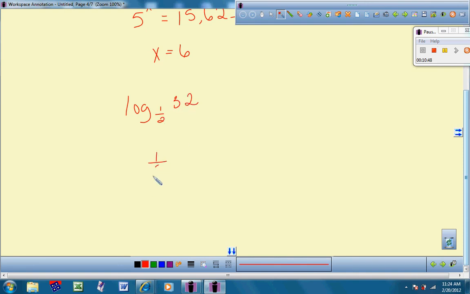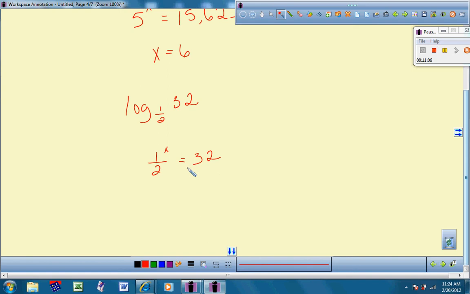Alright, so 1/2 raised to what power is equal to 32? We're dealing with a fraction again, so chances are that we need a negative exponent. So try to think, how many times can you multiply 2 by itself to get 32?